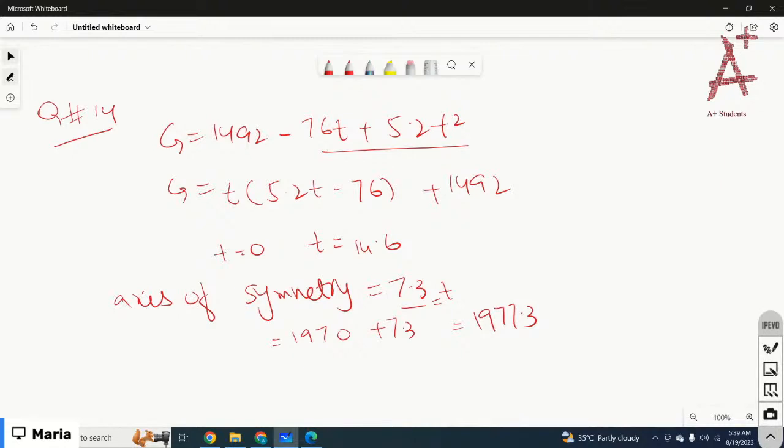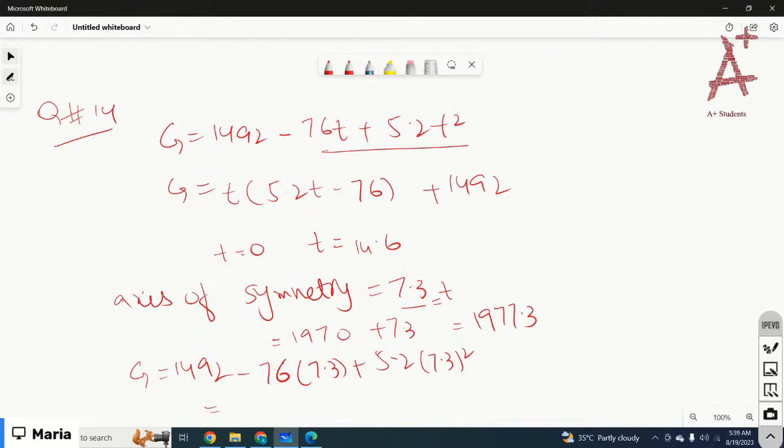Just put 7.3 in the equation to calculate the value of the gold mined at 7.3. So G equals 1492 minus 76 times 7.3 plus 5.2 times 7.3 square, right? So just calculate the values.